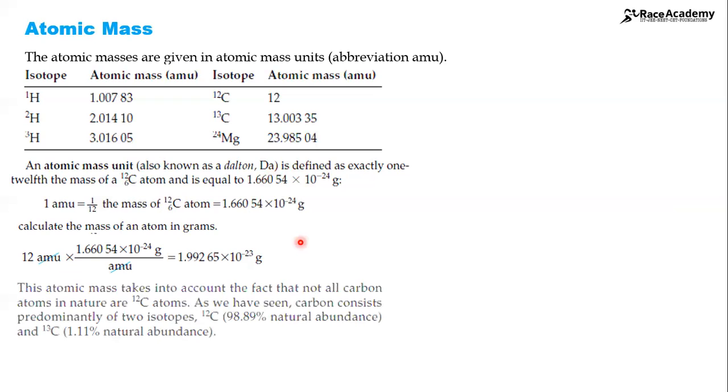The atomic mass takes into account the fact that not all the carbon atoms in nature are carbon-12 atoms. As we have seen, carbon consists predominantly of two isotopes: carbon-12, with 98.89% natural abundance, and carbon-13, with only 1.11% natural abundance.